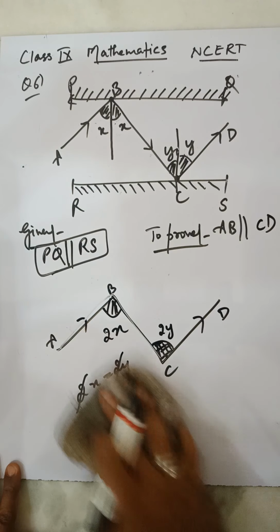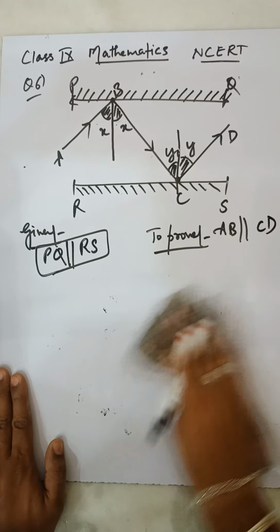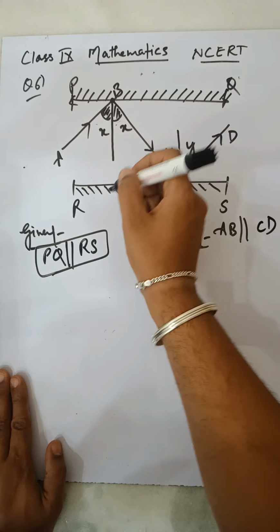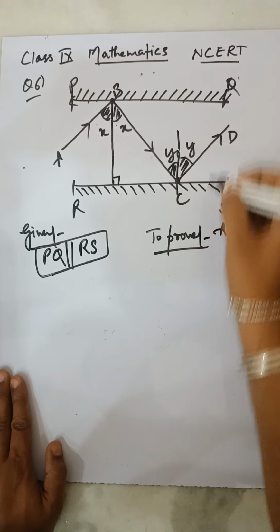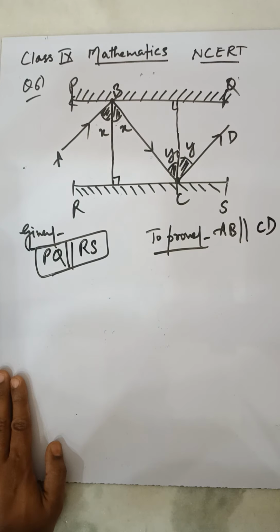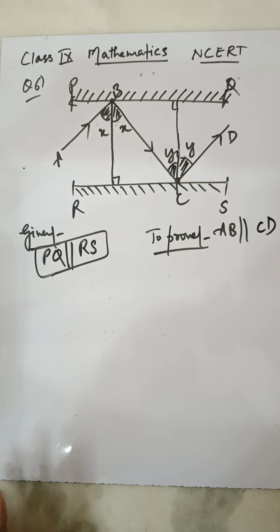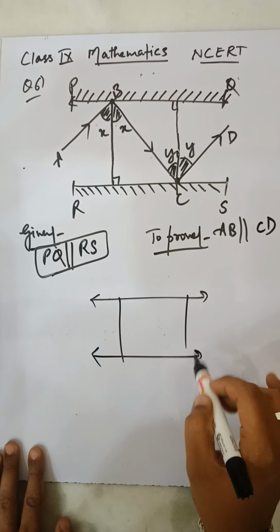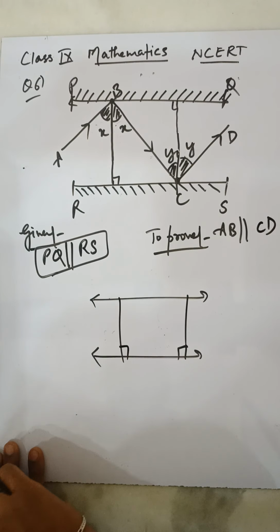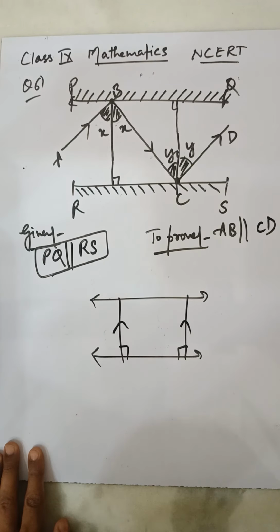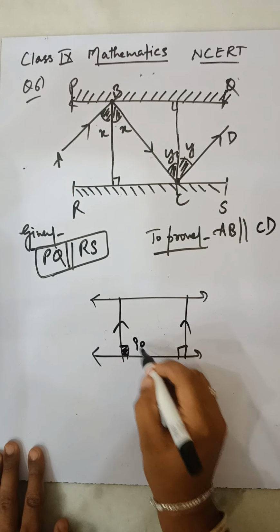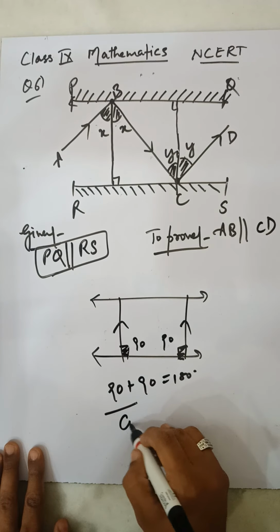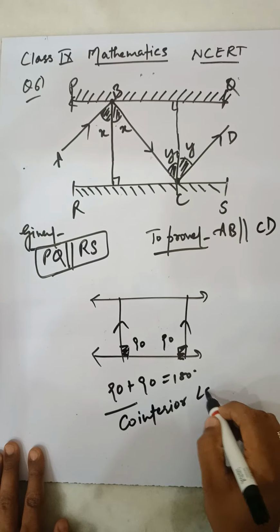Just see, I told you before doing this question that the perpendicular distance between two parallel lines always remains the same, and the normal is a line which is perpendicular to it. It's also perpendicular to it, and they lie between two parallel lines. They are both perpendicular to it, therefore they will be parallel. Why? Because this 90 plus this 90, the sum is 180 degrees, and they make a pair of co-interior angles.